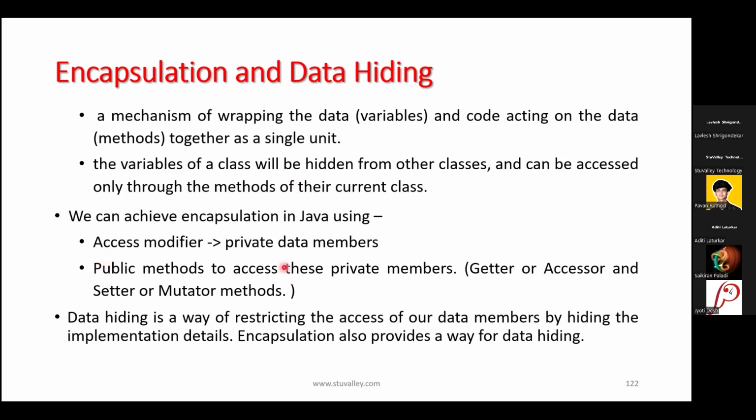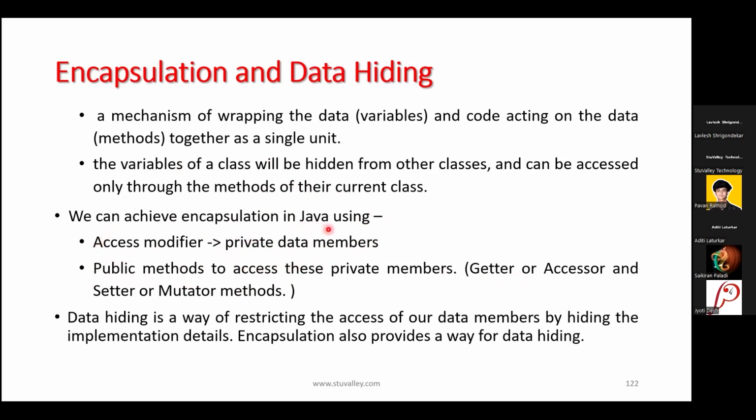If we make the data members private, then how can we access them? We need some methods or other members. So instead of writing these members as public or with default accessibility, whenever we create private data members, we create public methods to access them.